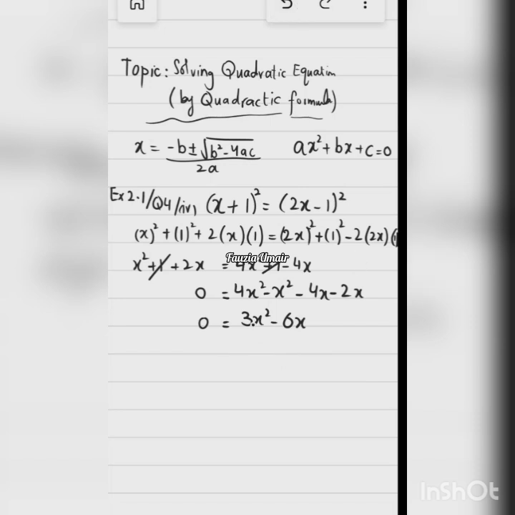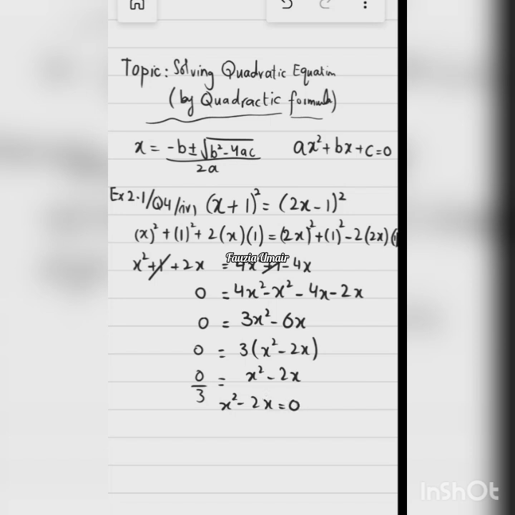No, I will keep it as a quadratic form. So I can take 3 common. So it will be x square minus 2x. This 3, when it goes on the other side of the equation, will be 0 by 3, so that is not making any difference. So the equation in the standard form is x square minus 2x is equal to 0.